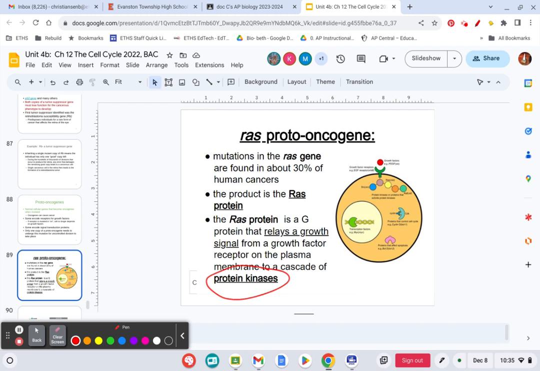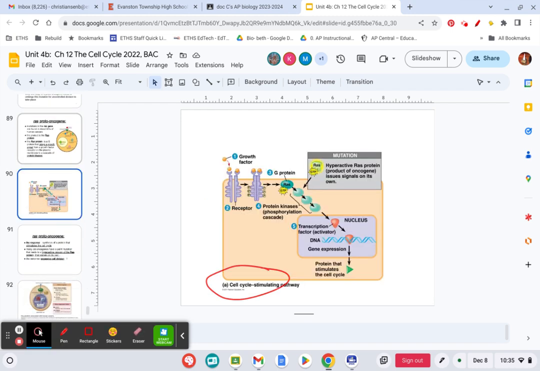So it's going to cause a phosphorylation cascade, one after another being turned on. Long story short, it's going to cause genes to be expressed that should be turned off. Let me see if I got that picture here. And the end result is you end up with a protein that causes stimulation of the cell cycle. So it continues to go through the cell cycle repeatedly when it should get turned off.